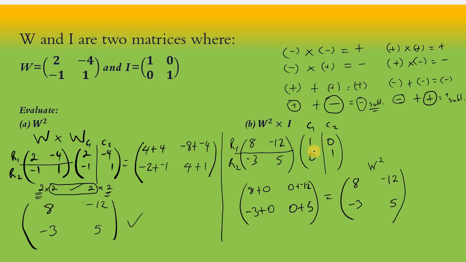Any 2 by 2 square matrix multiplied by it will actually give you back that same matrix. So it's very similar to the number 1. It's just like saying I'm multiplying W squared by 1, which will give you back W squared. So the identity matrix is analogous to the number 1, and operates in the same way: it gives you back whatever you multiply by it.